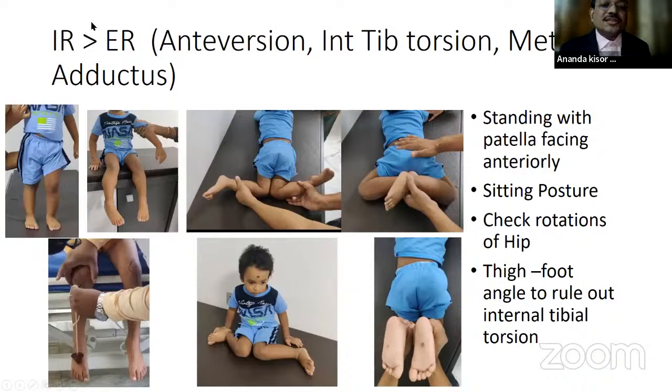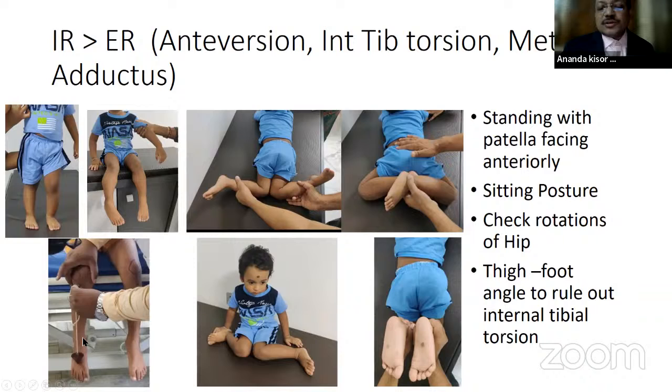The clinical feature is internal rotation. As you can see here, internal rotation is more in respect to the external rotation, so we are suggesting increased anteversion. Internal tibial torsion can be diagnosed by keeping a plumb line from the center of the patella, and you see that it is almost coming to the center of the ankle.